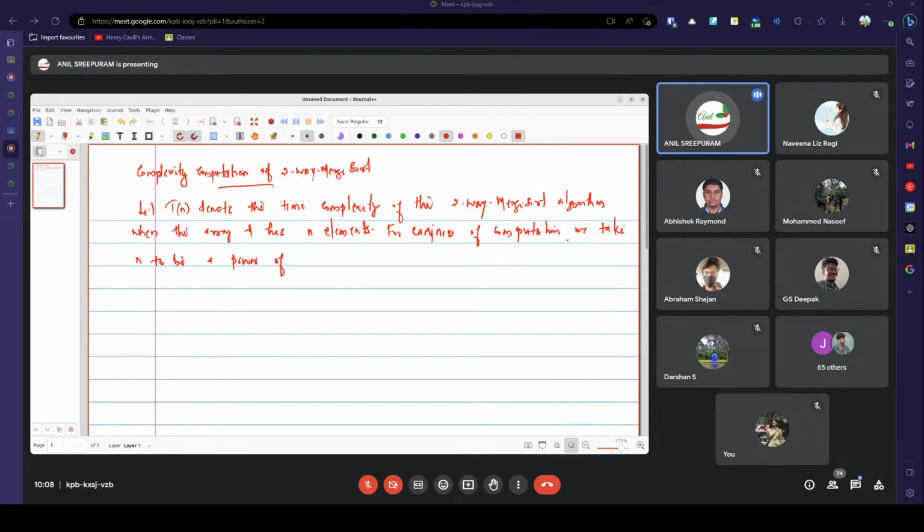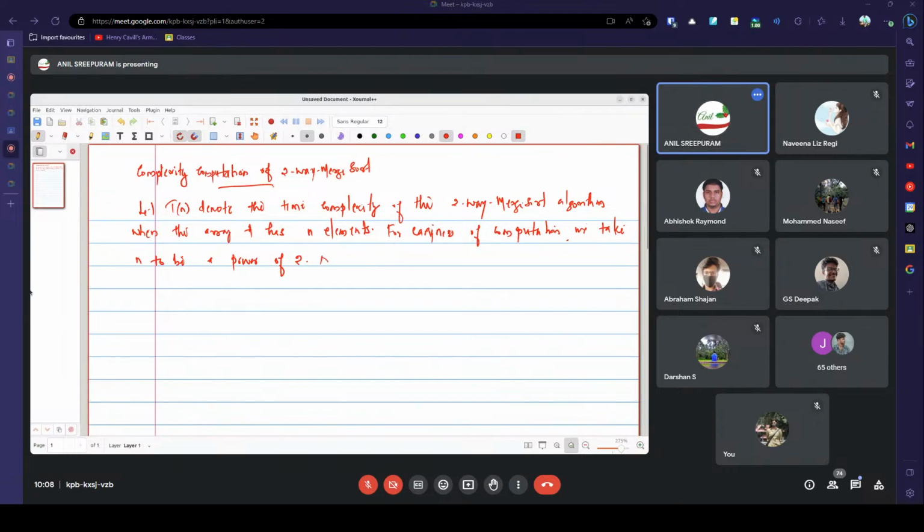When you divide it, it has again 4 elements. 4 is divided into 2. So if you take n as a power of 2, then after division, you will get perfectly a power of 2 number of elements in both the parts. That is why n has to be a power of 2. Therefore, each subpart has n by 2 elements.